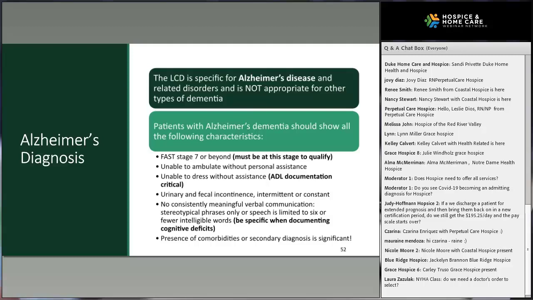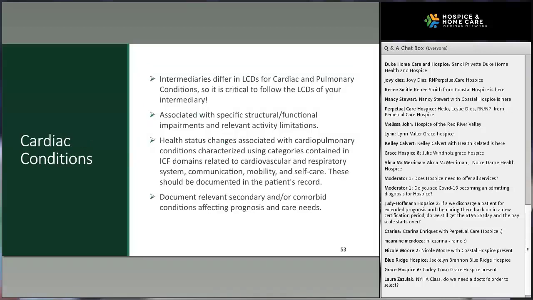You've set up the care plan, you're doing care plan oversight, but you also want to look at their notes and bring that feedback into your IDG, IDT, because that's helping to build eligibility and ongoing eligibility. Is there any incontinence, urinary, fecal? No consistently meaningful verbal communication, so you're documenting that. And again, I talked about the presence of any other comorbidities.